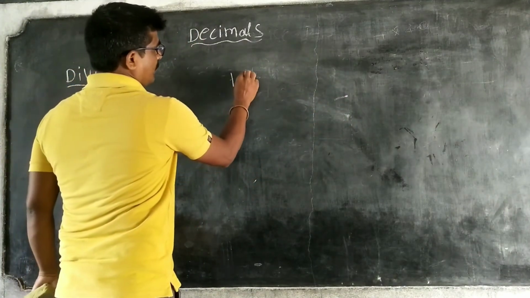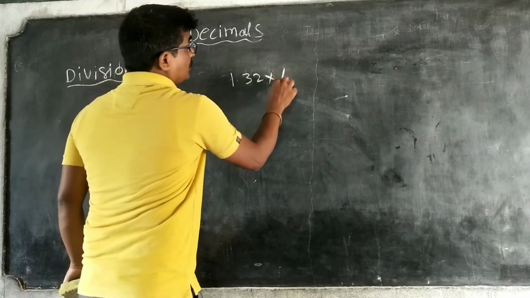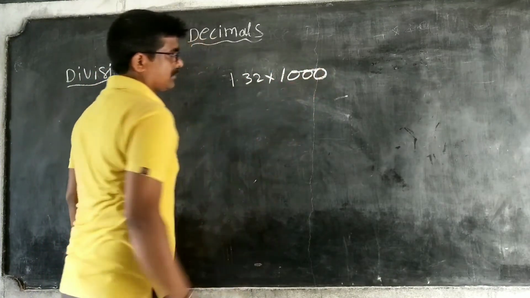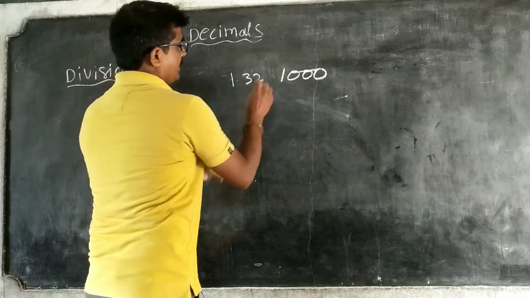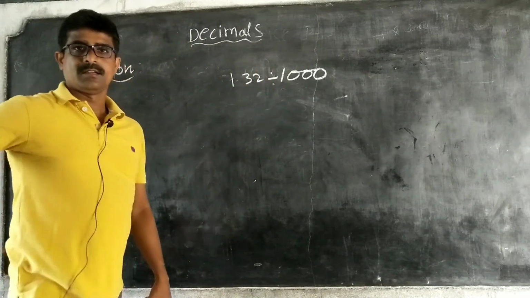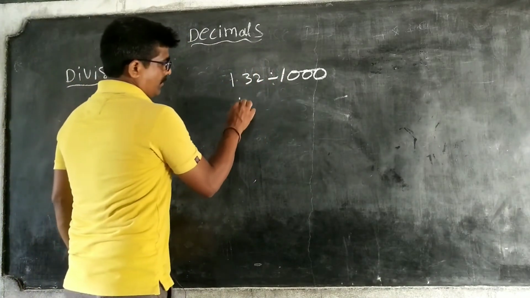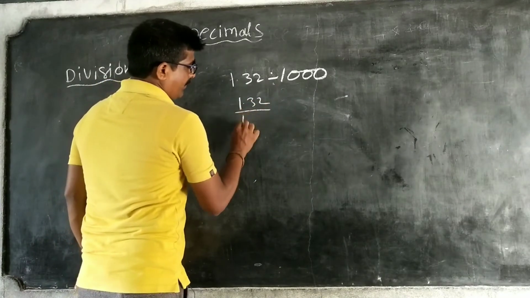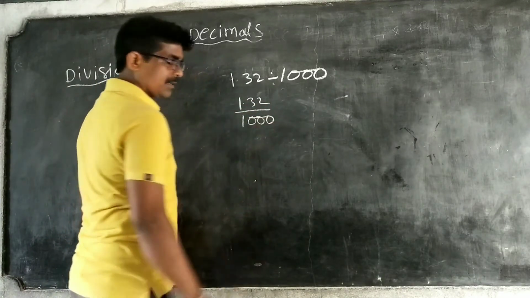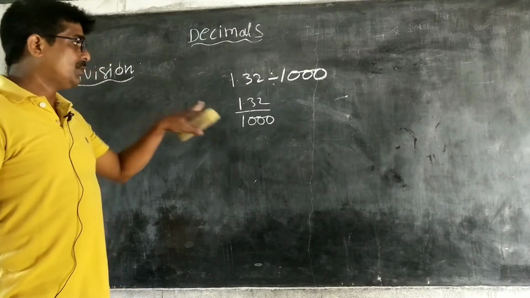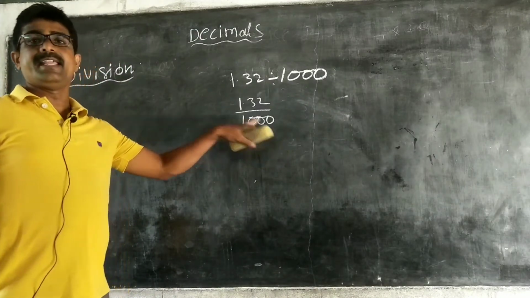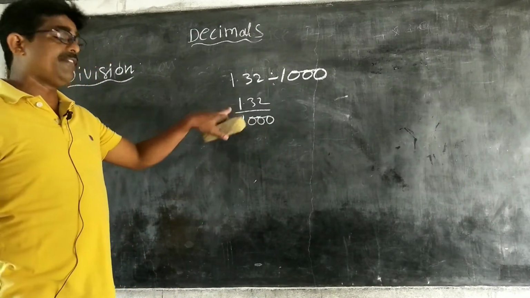So 1.32, I am taking, not into, we have to take division. That is equal to 1.32 divided by 1000. So how many zeros do you have to move? 3 zeros here, so 3 digits you have to move. But here there is only 1 digit.